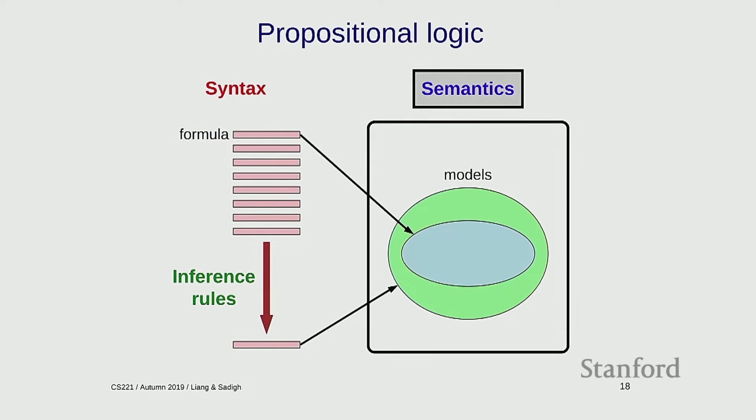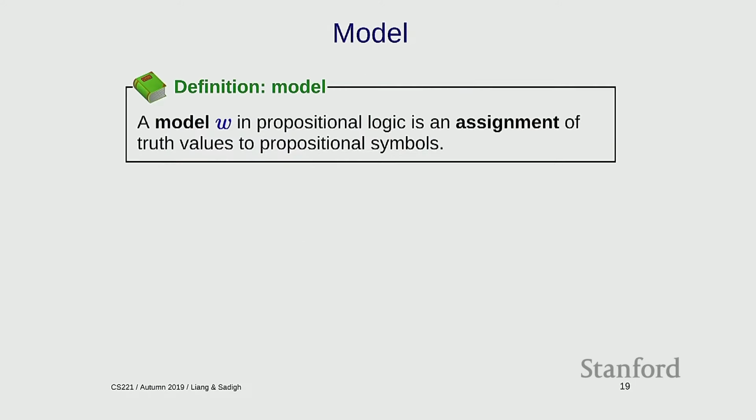And of course, now I have to tell you what these things mean. This is the realm of semantics. There are going to be a number of definitions. First is a model. This is really unfortunate and confusing terminology, but it is standard in the logical literature, so I'm just going to use it. A model, which is different from our general notion of a model, for example, a hidden Markov model, in propositional logic just refers to an assignment of truth values to propositional symbols.